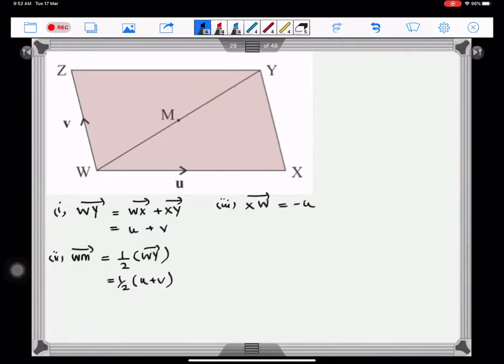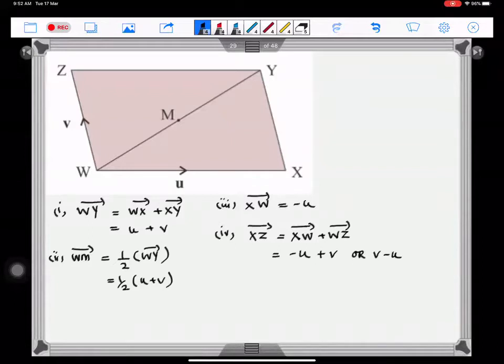XW is minus U, simple. XZ. XZ is XW plus WZ. XW is minus U and WZ is V. So this is minus U plus V. You can also write this as V minus U.